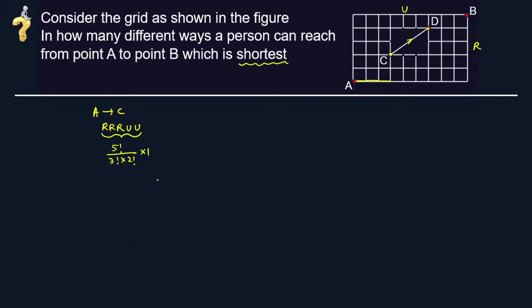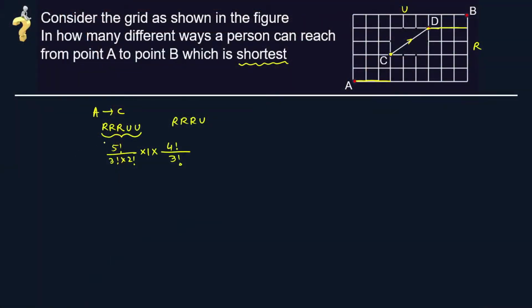Is it clear? Now from D, he will reach B. In how many different ways does he have to take the path? Right, right, right, and then one up. So 3 right and 1 up can be arranged among themselves in factorial 4 divided by factorial 3 ways. Again, I'm not going for the calculation; you can check it.